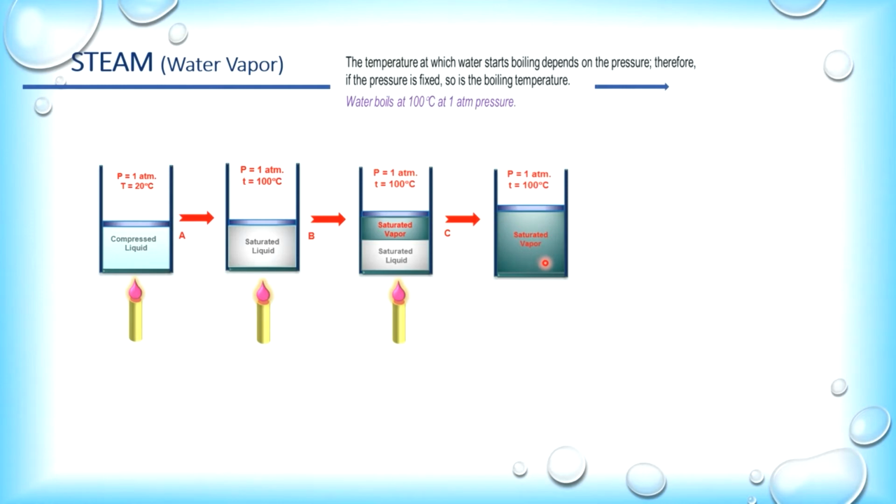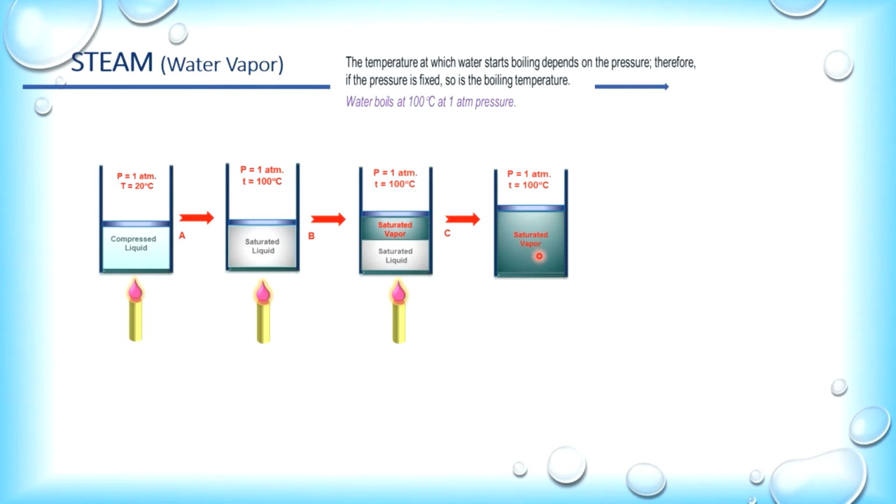It means that even if a slight amount of heat is removed, that means cooling, the vapor will start changing back to liquid. So for saturated vapor, the word saturated here means it is already at the limit.